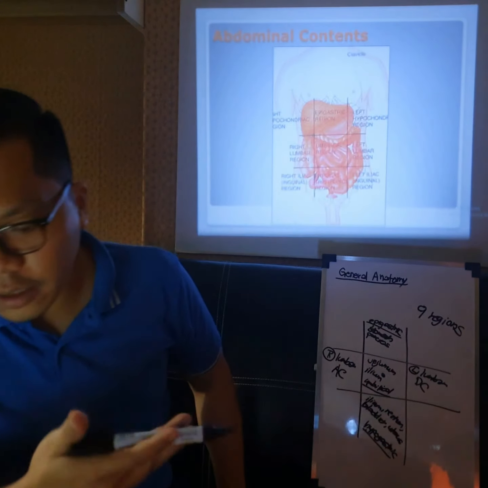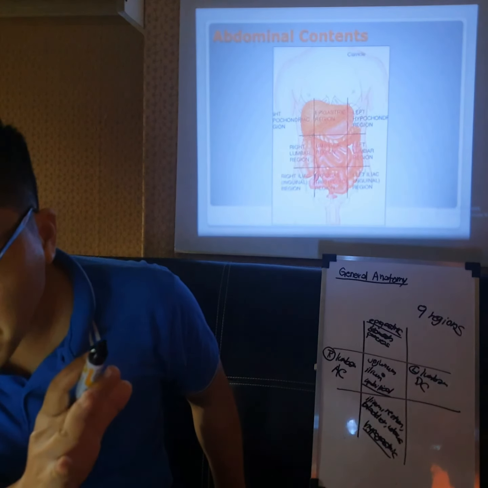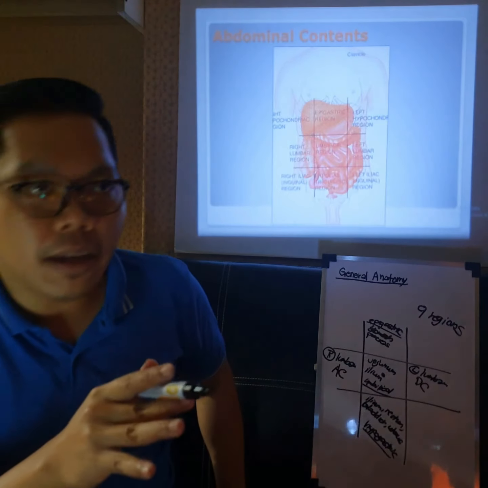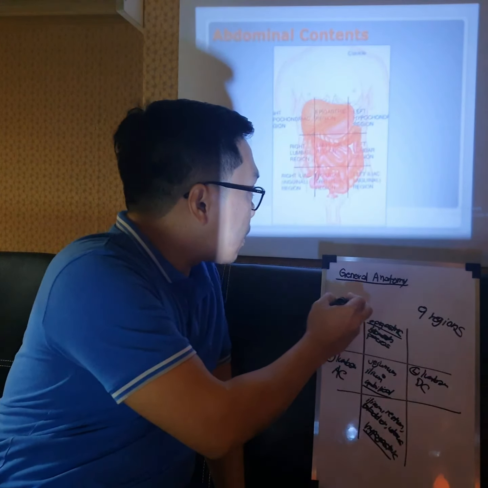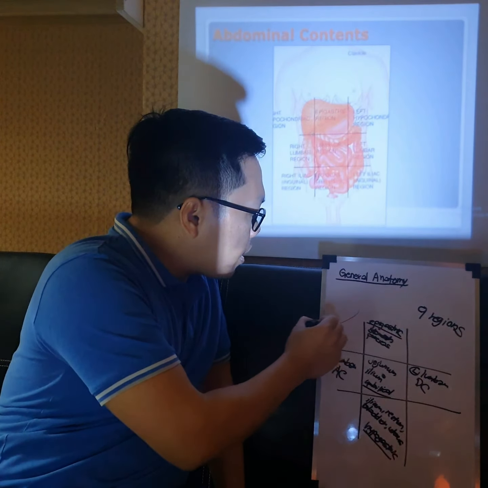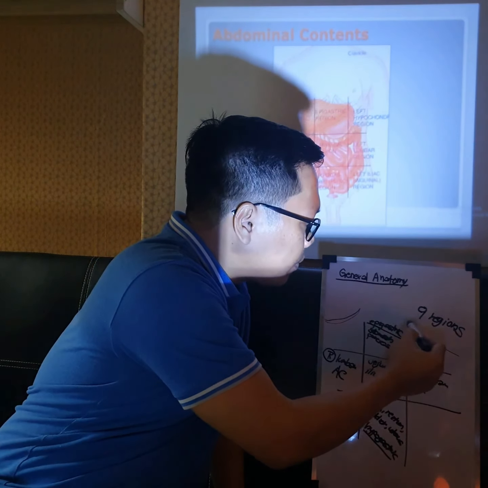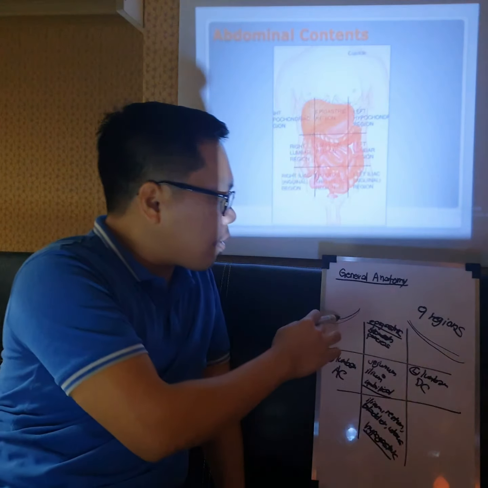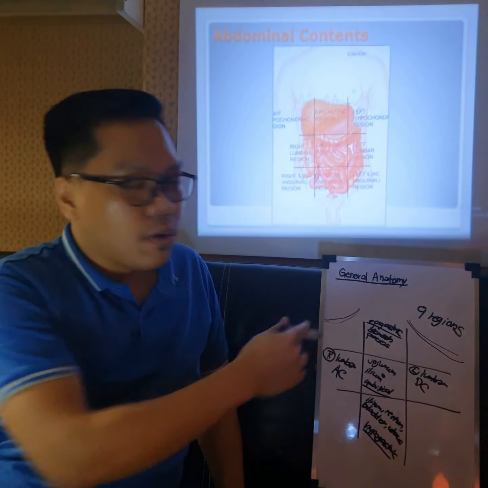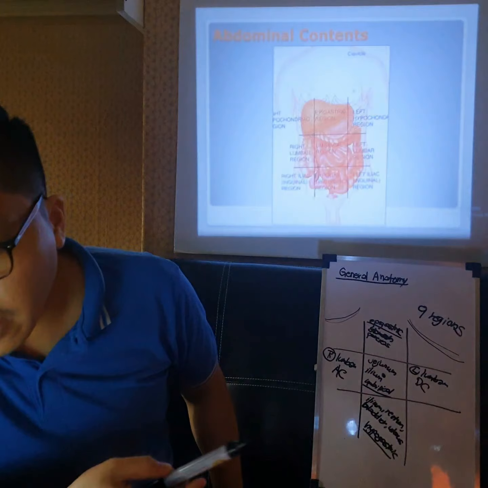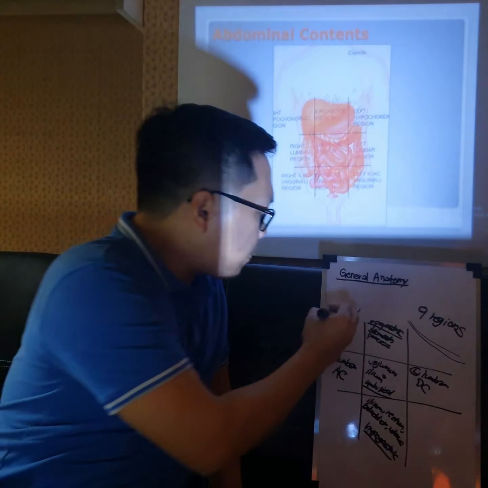Bakit cartilage? Anong cartilage ba yung makikita dyan? Dyan natin makikita yung costal cartilages. So, dito banda, we have the costal cartilages. Kaya tawag sa kanya is hypochondriac region.